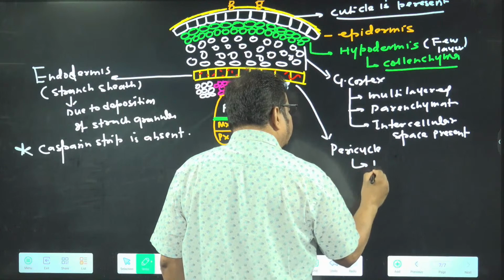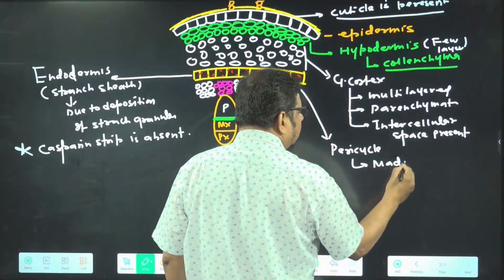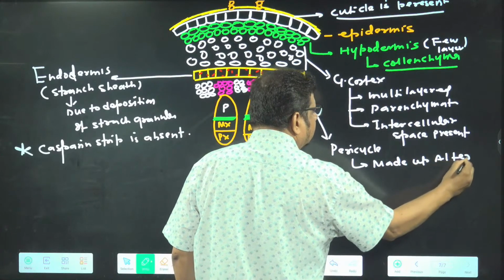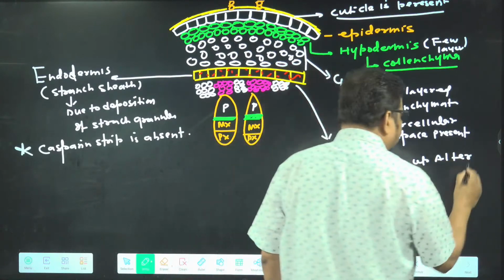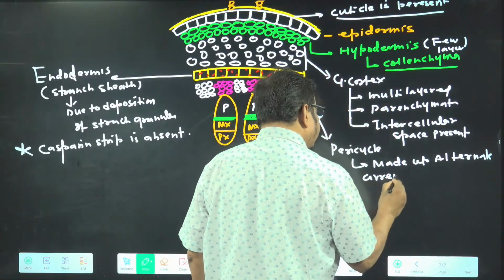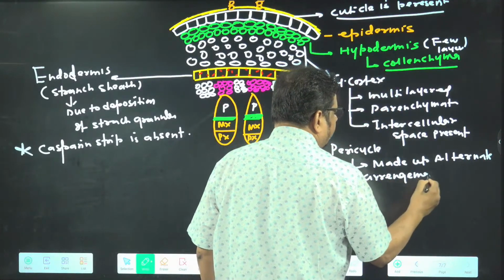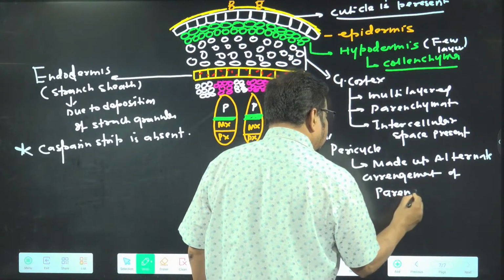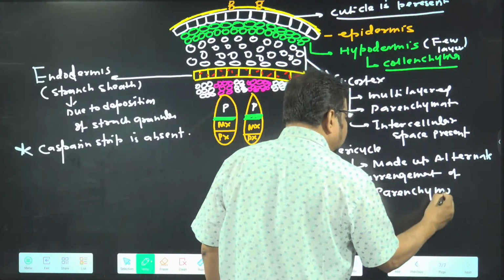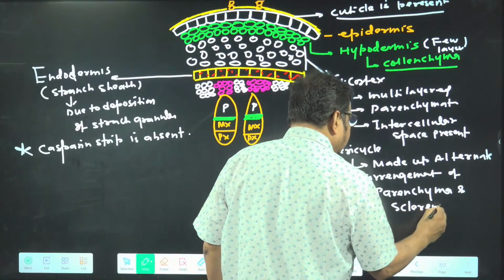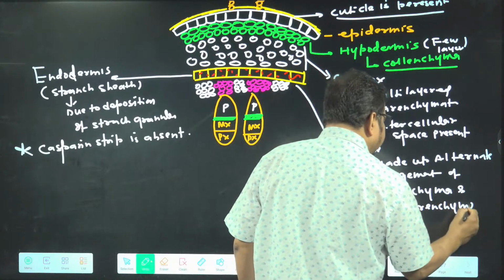Pericycle is made up of alternate arrangement of parenchyma and sclerenchyma. Agree or not? You are looking at the diagram or not? Where is sclerenchyma?